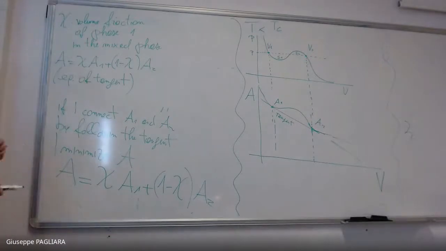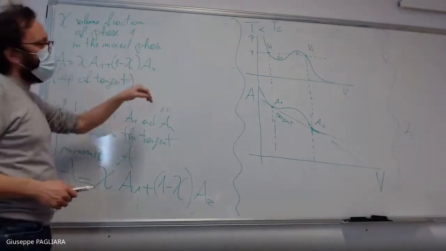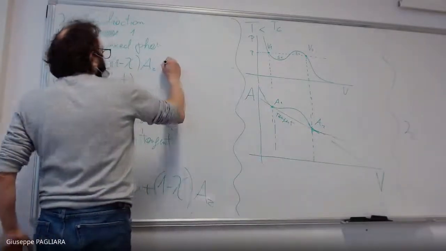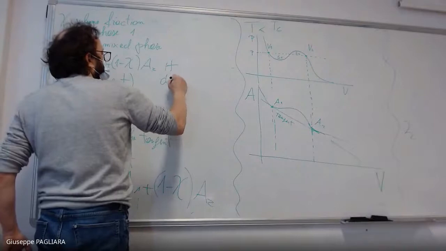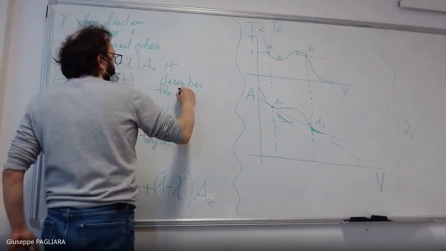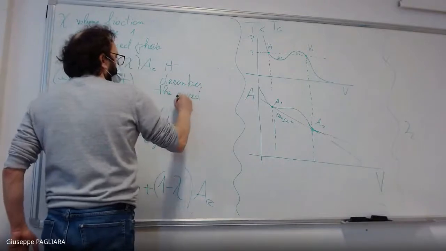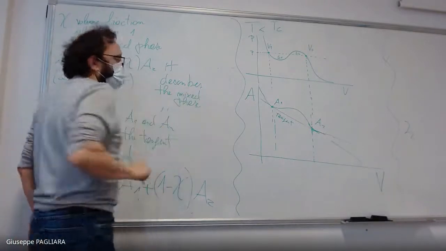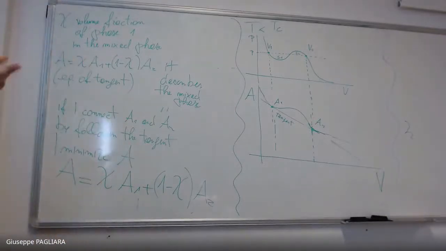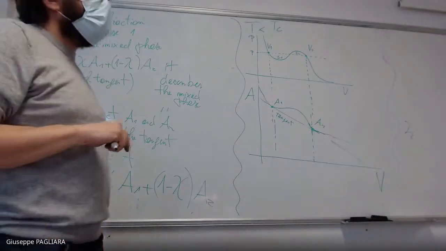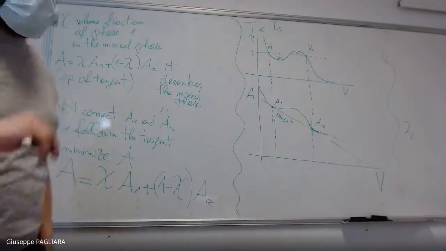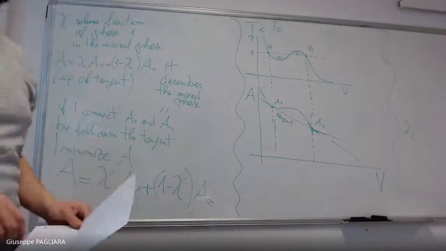So far, this equation describes exactly the mixed phase, which is this mixture between, let's say, a solid and a liquid, or a gas and a liquid, etc. And it is provided by the second principle of thermodynamics, as usual.